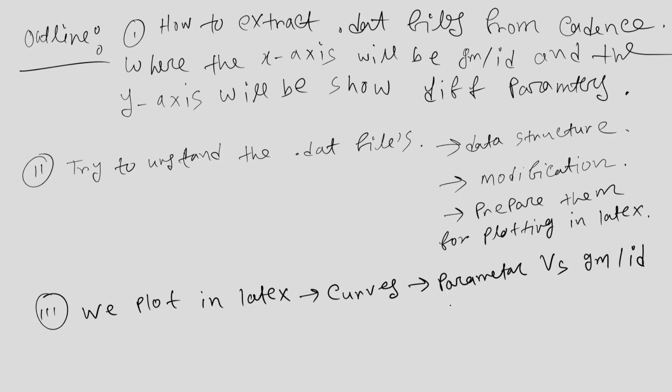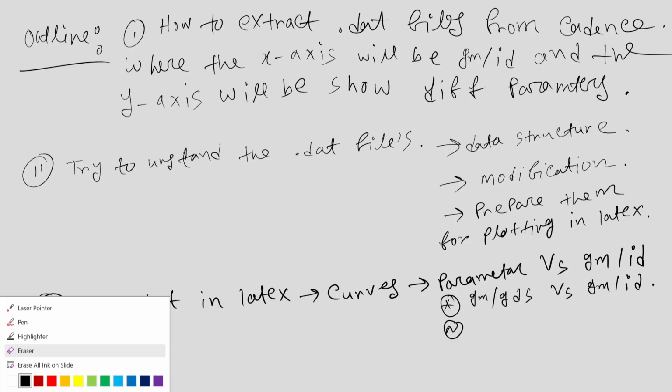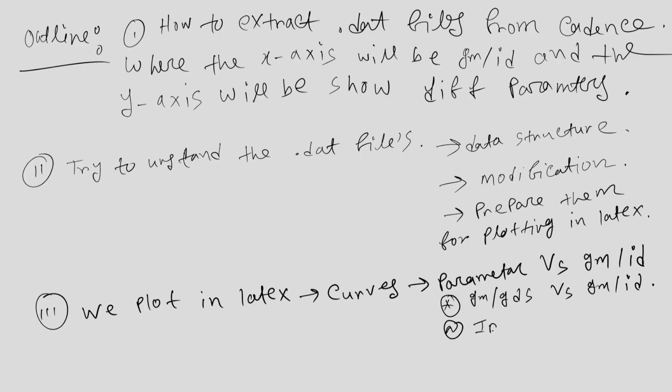For any parameter, for example, we choose for today's class GM over GDS versus GM over ID, and then ID divided by W versus GM over ID, and do the same thing in Cadence.